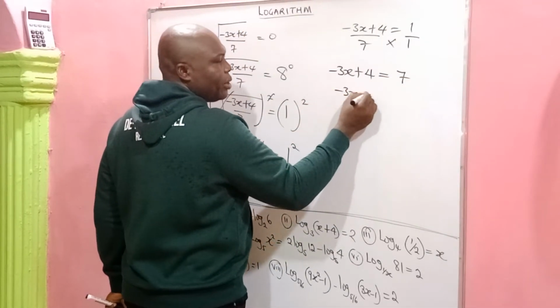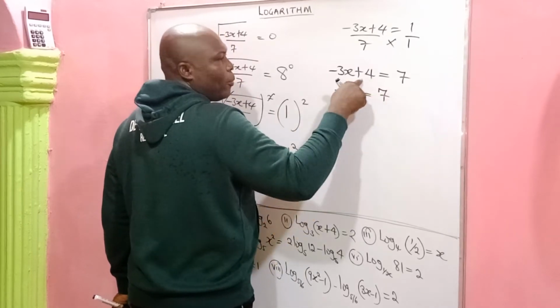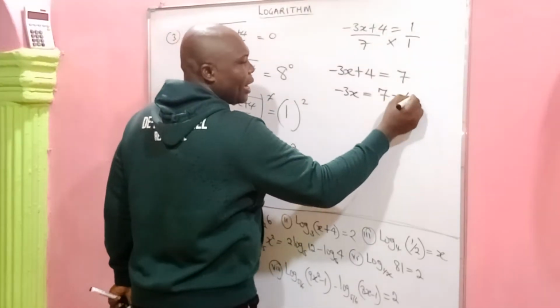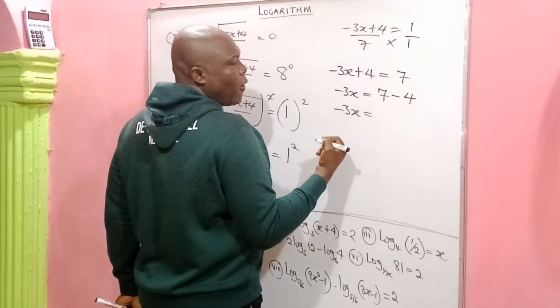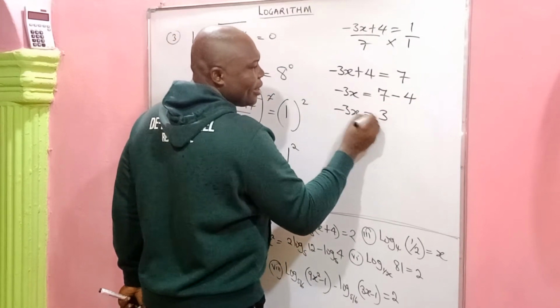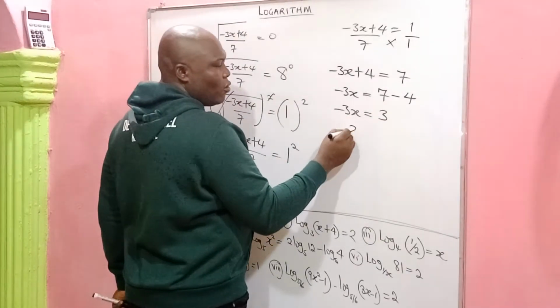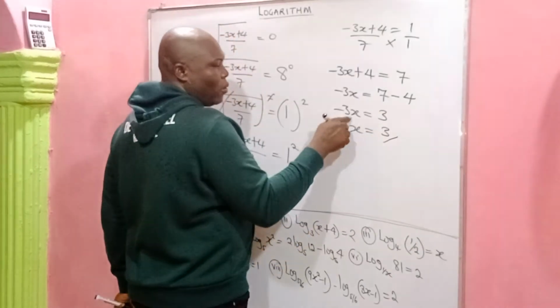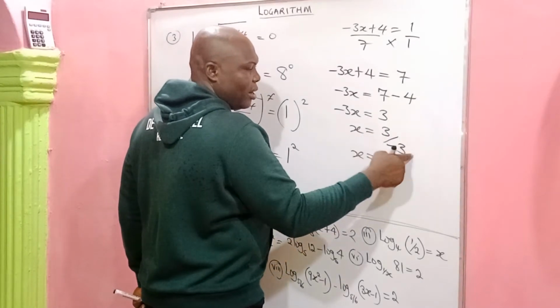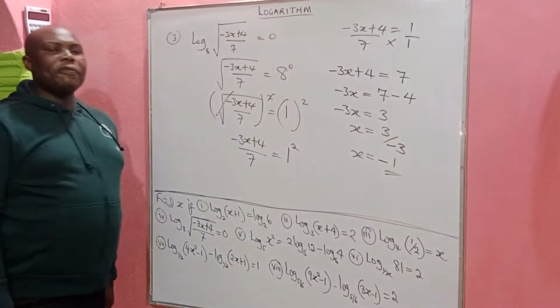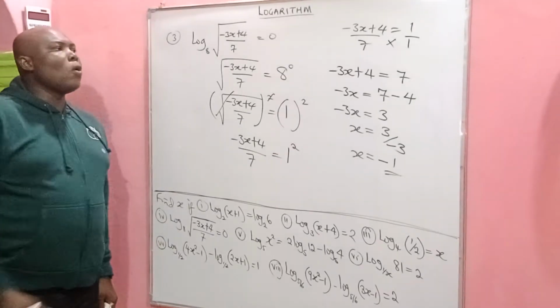Minus 3x is equal to 7 minus 4, which is 3. So x is equal to 3 divided by minus 3, which is negative 3 over 3, so x is equal to minus 1.